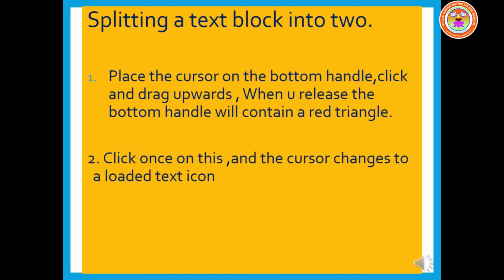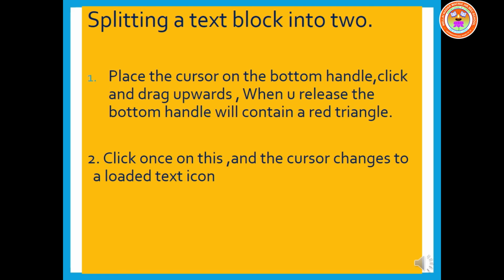How will you split the text block into two? One text block is available that you want to split into two. That is possible. How? Place the cursor on the bottom handle, click and drag upwards. As I said, you have two handles on the text block.